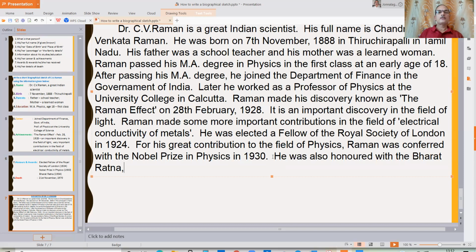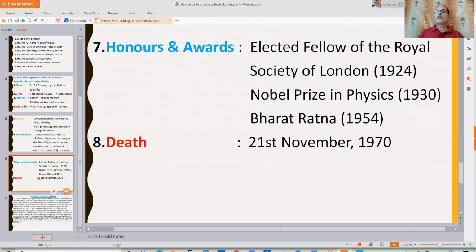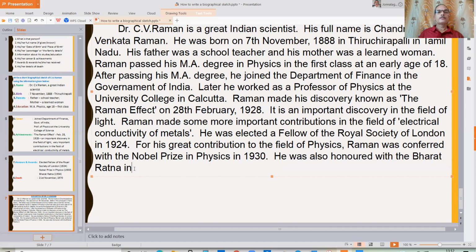What is this Bharat Ratna? In which year? In 19, what is the year mentioned here? 1954. So we can write like this. He was also honored with, or he was also conferred with the Bharat Ratna in 1954.